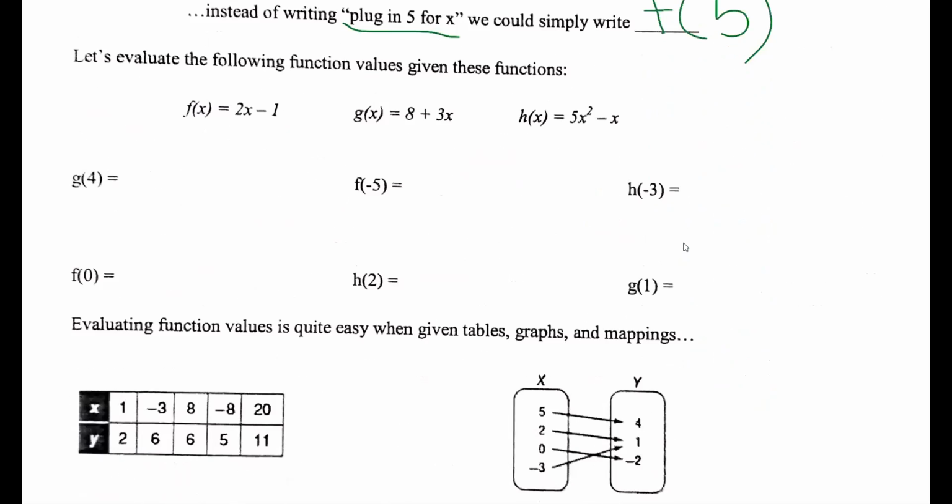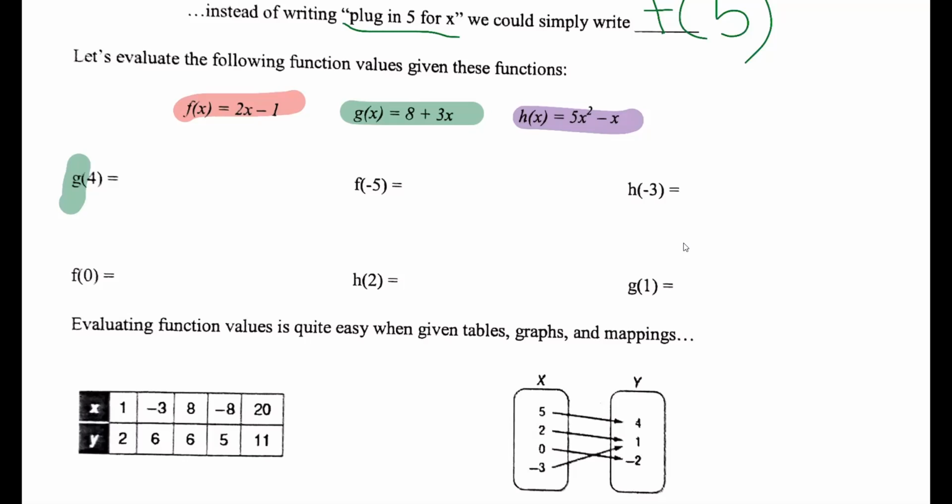Let's just look at some examples. I'm just going to color code these. So we have 3 functions. We have our f function, we have our g function, and we have our h function. So you always want to pay attention to what function you're plugging into. For example, this first one, you're going to plug into your g function.